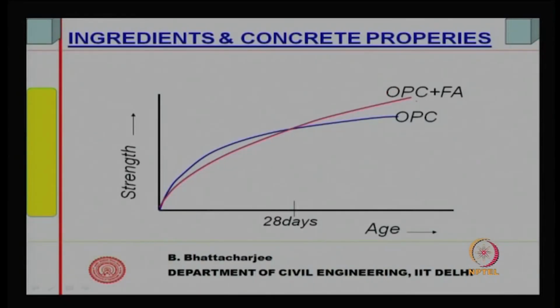Well, long term strength, of course, shows significant increase, because after the pozzolanic reaction has started, the void space within the cement water system, which was earlier occupied by simply fly ash particles, now, as we have seen in the hydration process, more and more fly ash will react with calcium hydroxide.